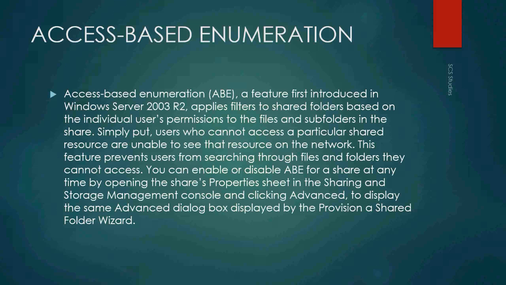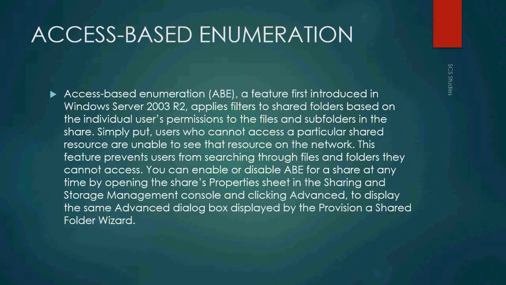You can enable or disable ABE for a share at any time by opening the share properties sheet in the Share and Storage Management console. So guys, if you install the role, you can enable or disable this feature as you require.